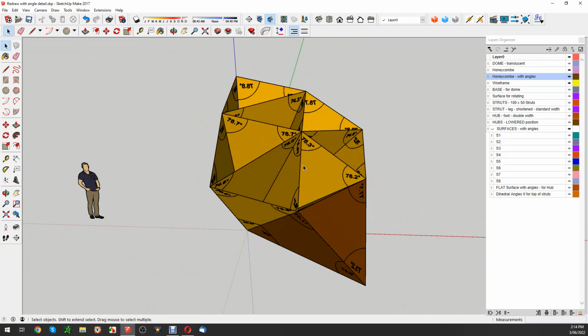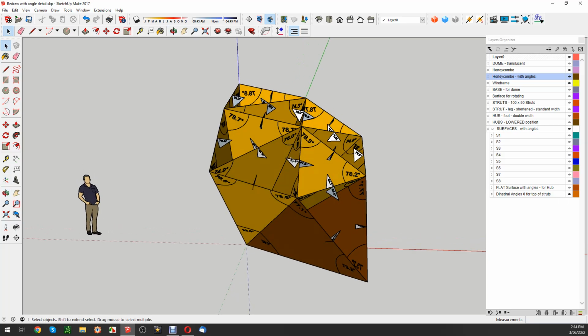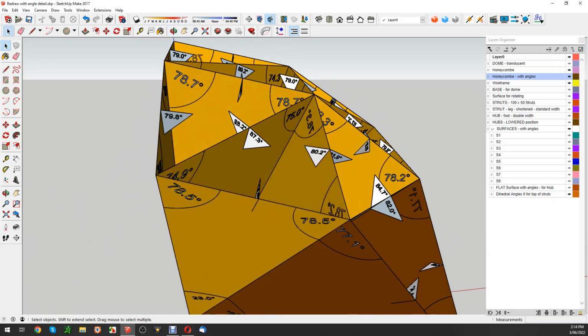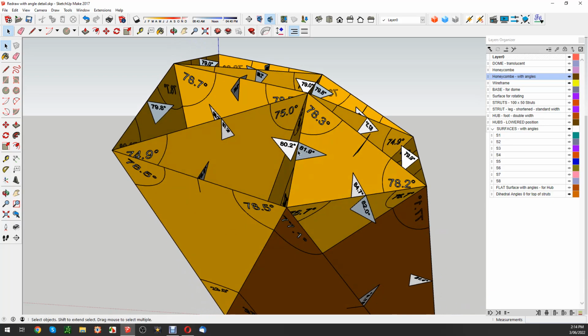Well, if we're creating the struts, we may need the dihedral angles. Okay, so there's lots of those. They don't vary a huge amount from side to side, but as you can see, there is a difference from side to side. In this case, only 0.3 of a degree. That's fine, just average it out, and that would be as good as you could get.